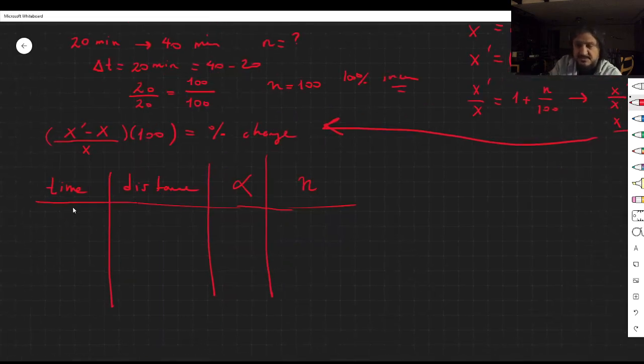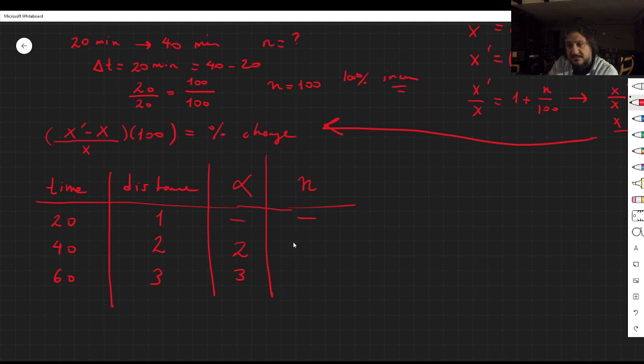So time is measured in minutes, 20, 40, 60, and then the distance traveled in those times were 1 mile, 2 miles, and 3 miles. And alpha, okay, in this row I don't have anything, but going from 20 to 40 or 1 to 2 requires a multiplication factor 2. Going from 1 to 3 or 20 to 60, alpha means 3, right?